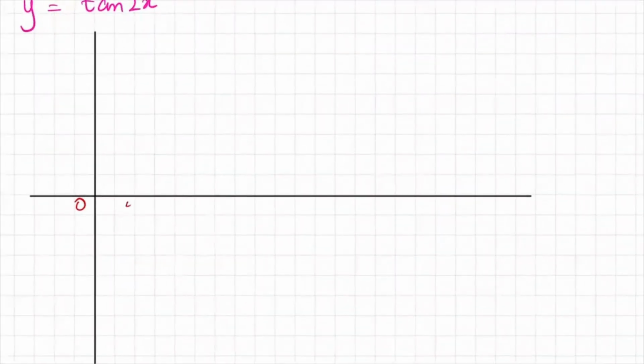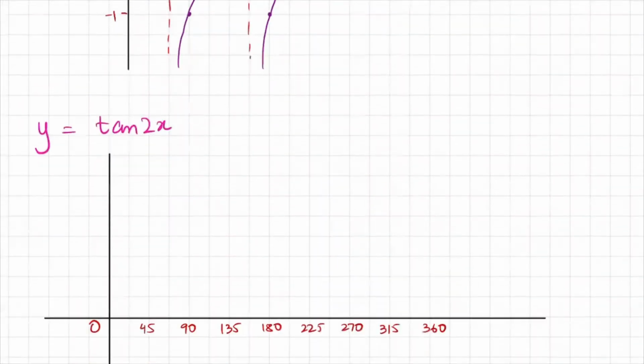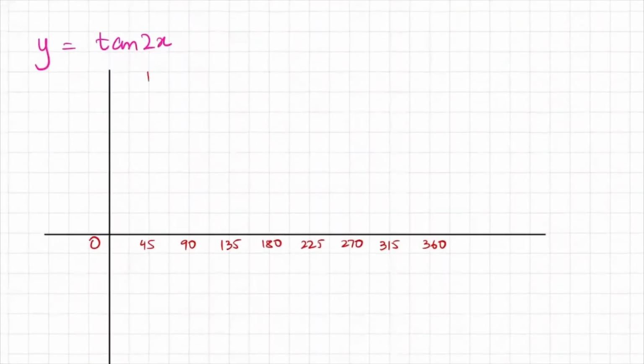We have 45, 90, 135, 180, 225, 270, 315, and then 360. All right, my asymptotes will be on 90 divided by 2 is 45. So my first asymptote will be on 45. My second asymptote will be on 135 because 270 divided by 2 is 135.